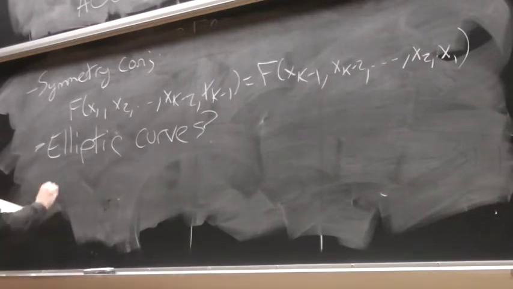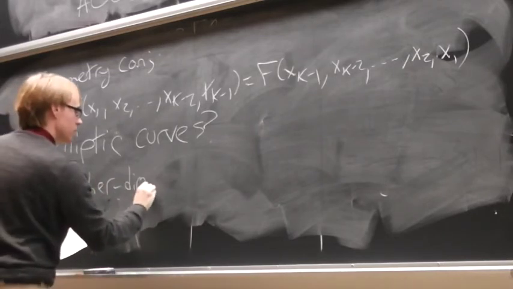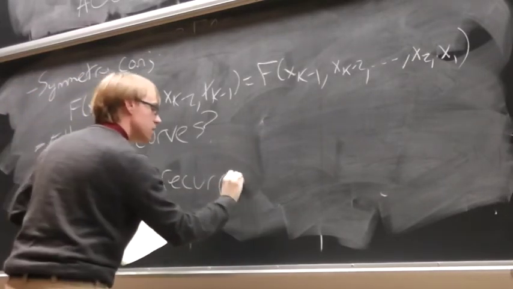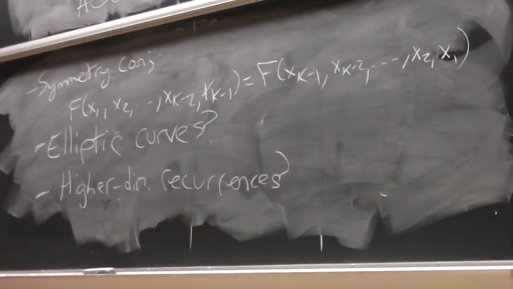And then finally, higher dimensional recurrences. In the Somos-like paper, they prove some things about higher dimensional recurrences. I'm wondering if you could create a program that will automatically check this type of stuff for higher dimensional recurrences. So that's all I have.